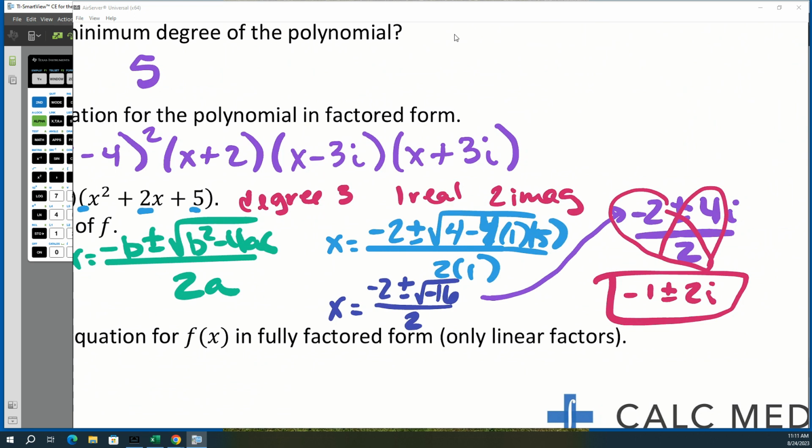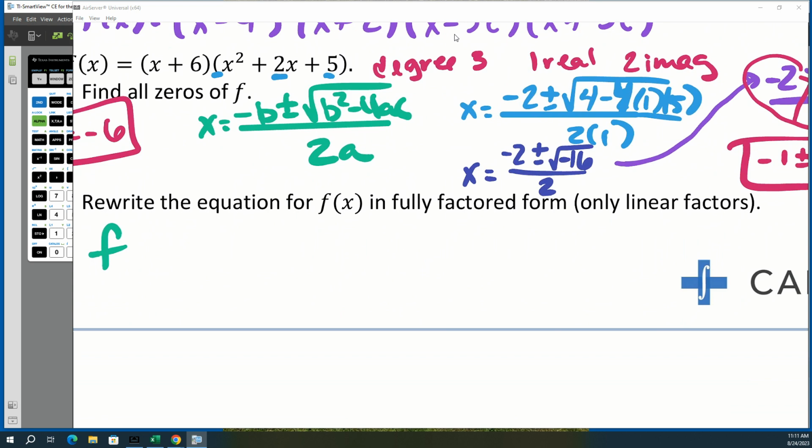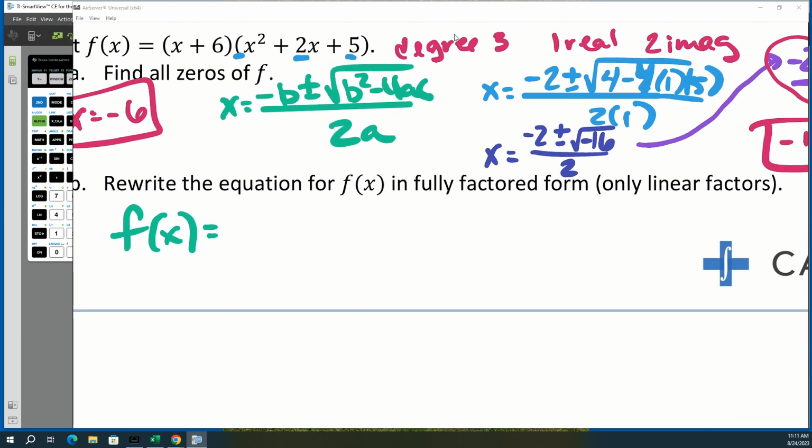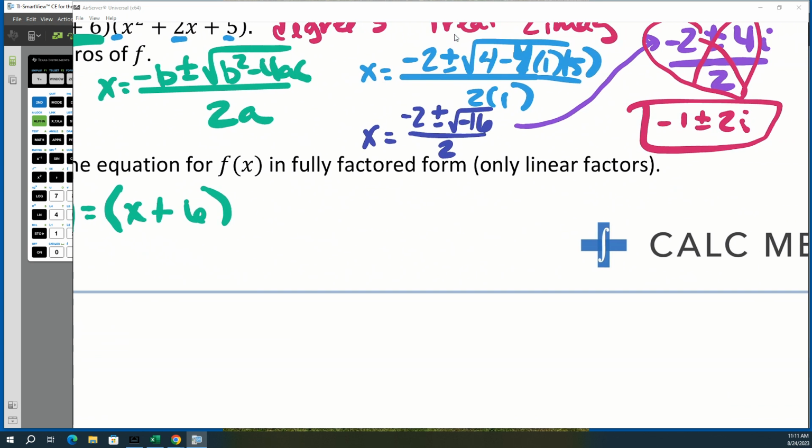Right, any other questions? Okay, one more. The last thing we're going to do is rewrite this in factored form or in intercept form, however you want to word it. We already know one factor is x plus 6, so that's easy. All right, and then remember, when we do these factors, you're just doing the opposite.